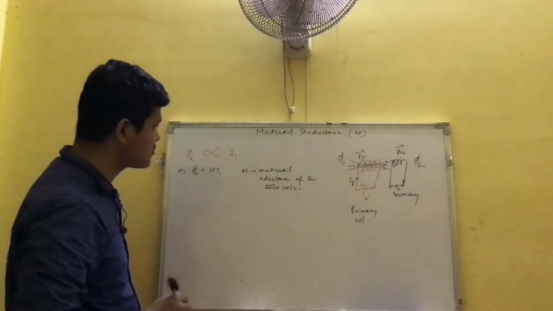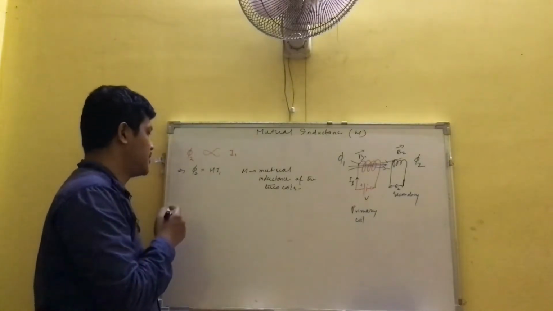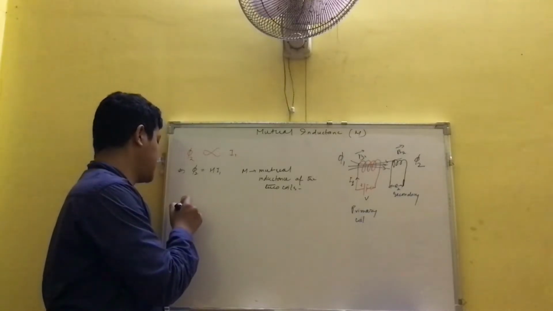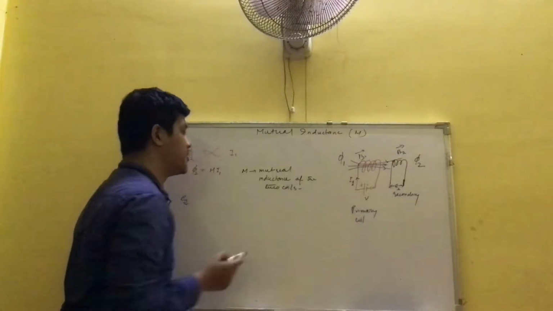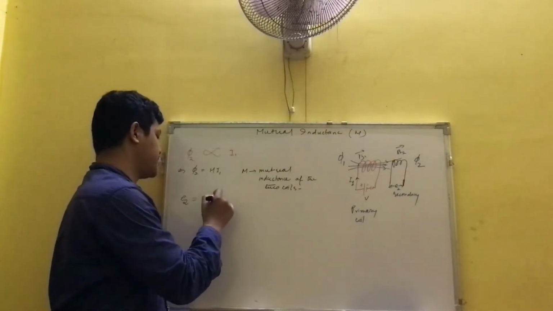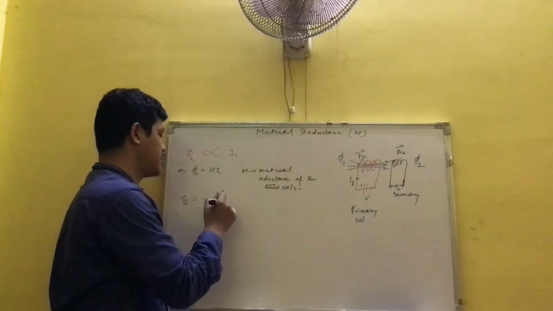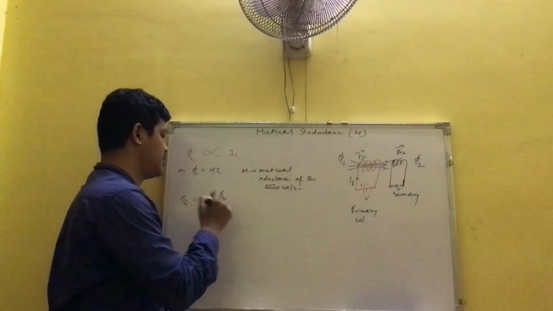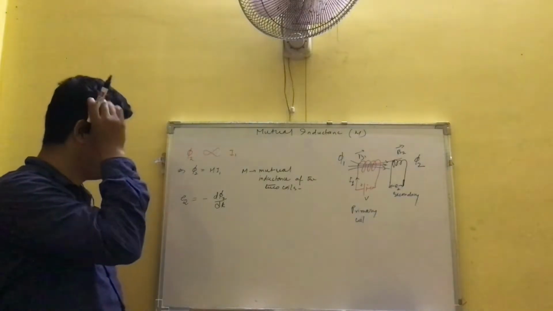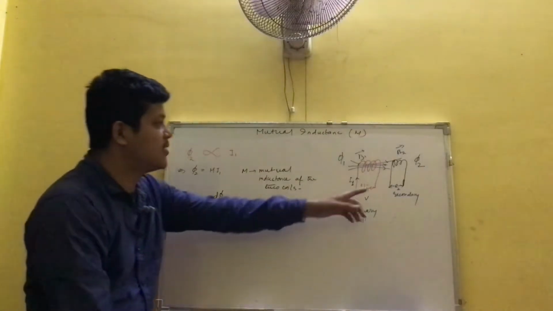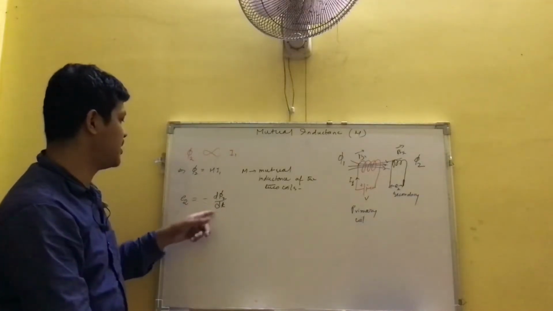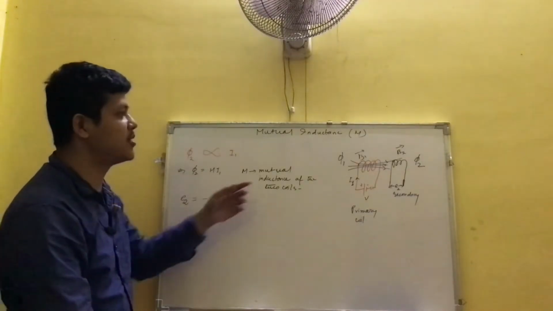Now here you can see, we know the induced EMF E2 in the secondary coil is nothing but rate of change of magnetic flux d phi by dt, right? Now you may think that there is not only one turn, so why have I written here d phi by dt, there should be n or whatever the number of turns.